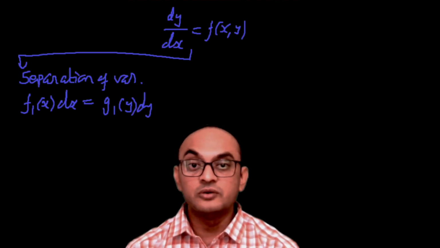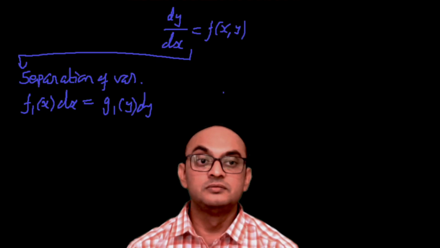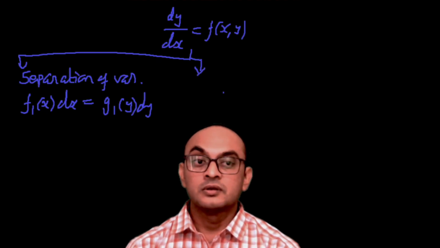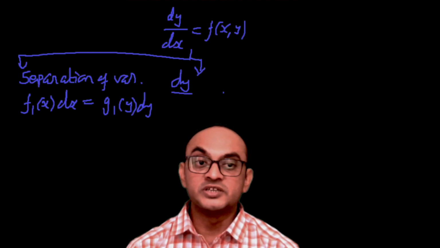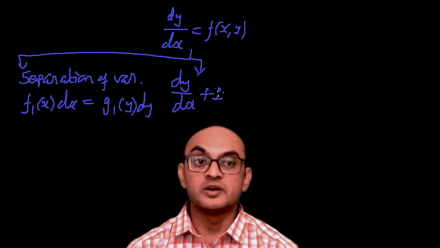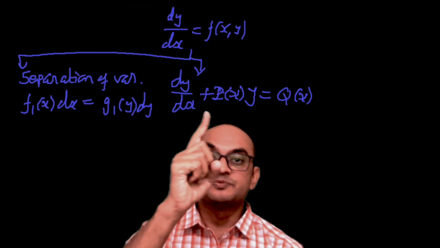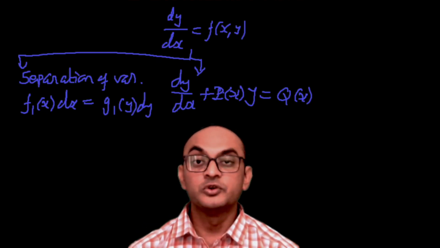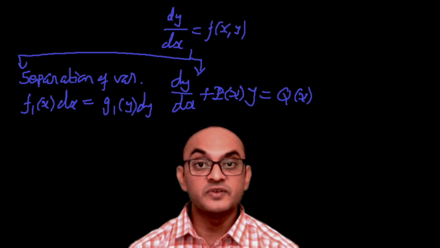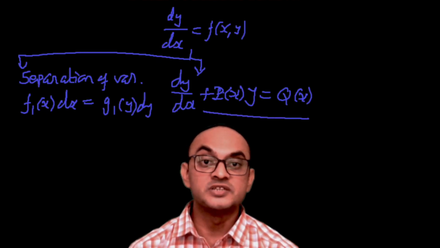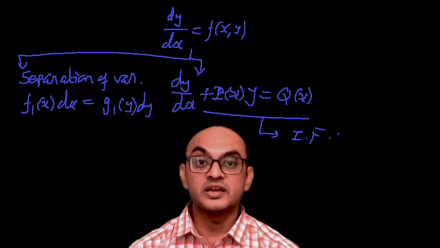Another method we may have is to convert the given differential equation into linear form if possible. All differential equations will not be of this form, keep in mind. dy by dx plus p of x into y is equal to q of x. And what is the solution of this differential equation? To solve this, as you know, first we find the integrating factor, which is e raised to integration p of x dx.